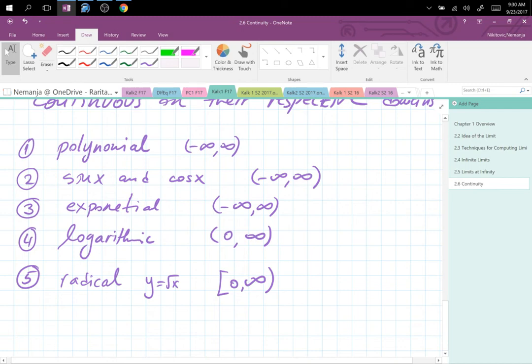Is absolute value function continuous on its domain? You want to say yes. Because if the absolute value function is absolute value of x, you're correct.